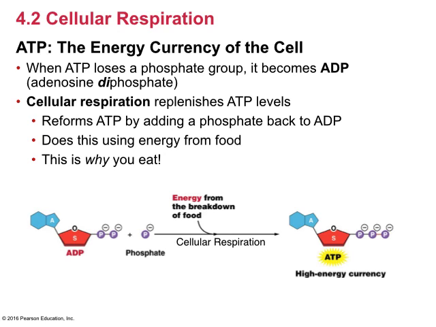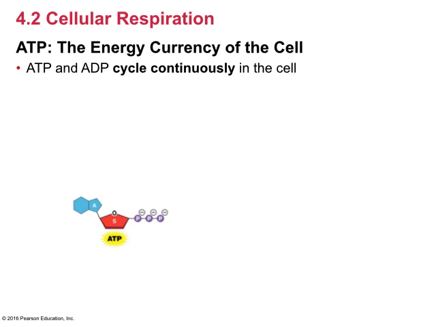Because remember, your cells only accept one form of currency, and that's ATP. It won't accept foreign currency. It has to use ATP. And in order to make more dollars, you need energy from food. In order to make more ATP, you need that energy from food. And so really, ATP and ADP cycle continuously in the cell.